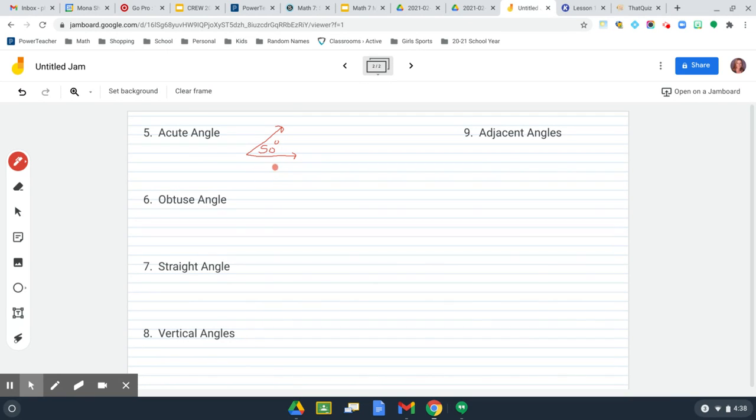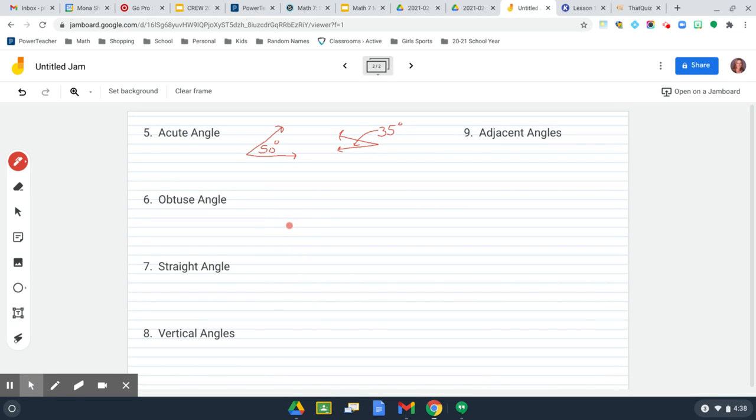It's a 50-degree angle. Or maybe I do something a little bit smaller. And maybe I tell you inside that angle is 35 degrees. Acute angle, less than 90.